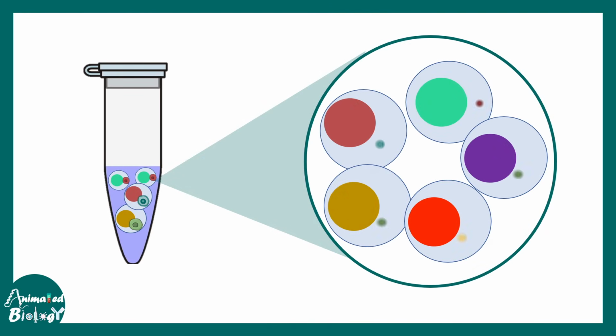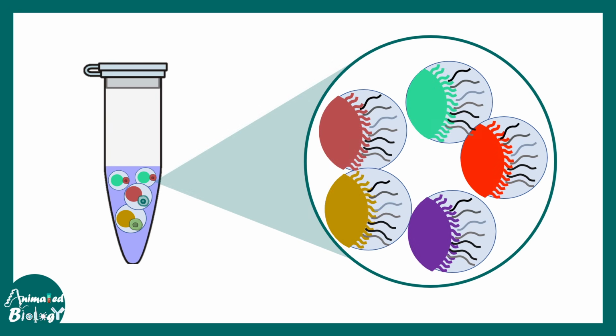So now if we zoom into each of these emulsions, we would be able to see that there are specific cells, right? And eventually we would lyse these cells. When we lyse these cells, there would be RNAs which come out. Now each of these RNAs would be captured by the oligo-dT part of these gel beads.